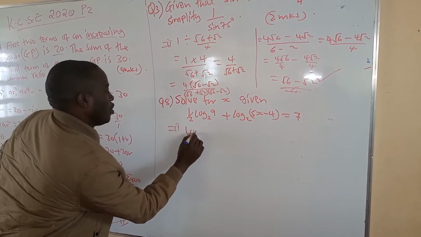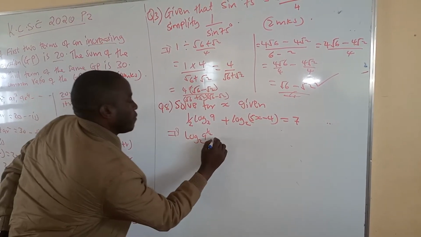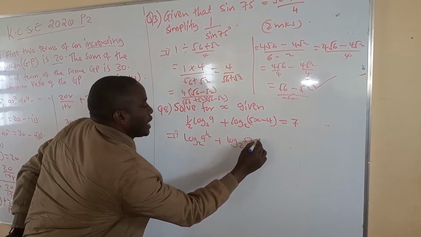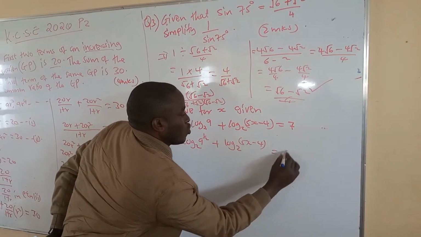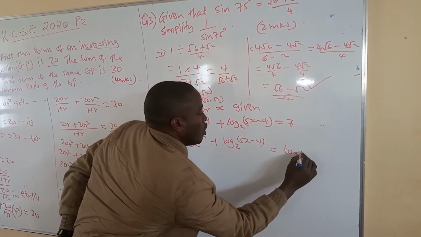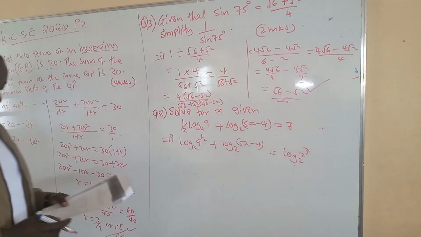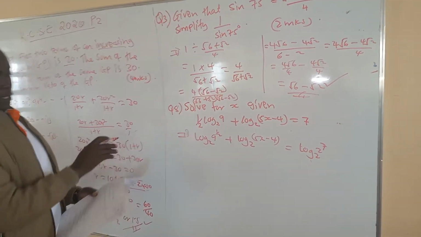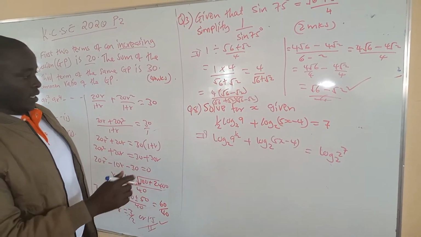It will be log to base 2 of 9 to the power half plus log to base 2 of 5x minus 4, which equals log to base 2 of 2 to the power 7. 2 to the power 7 is 128.